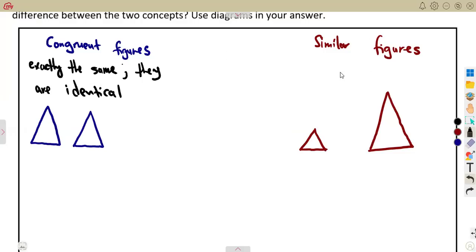But with similar figures, one figure can be bigger, one triangle is bigger than the other.